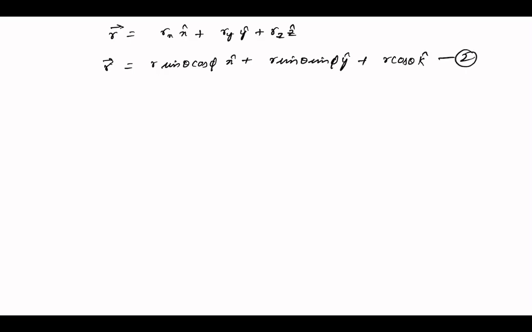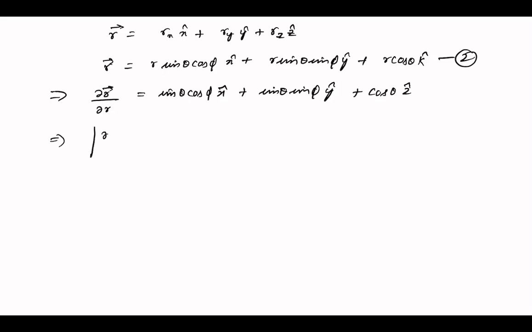This is 2. Now we take the derivative of this with respect to all three independent bases. First of all, del r vector by del r. It will be sin theta cos phi x cap plus sin theta sin phi y cap plus cos theta z cap.